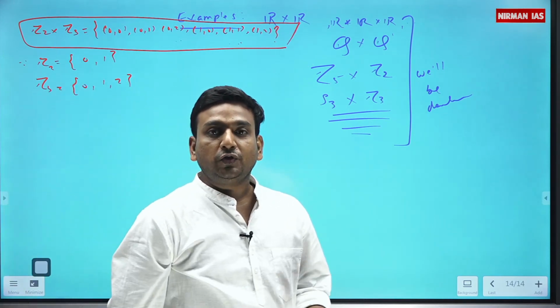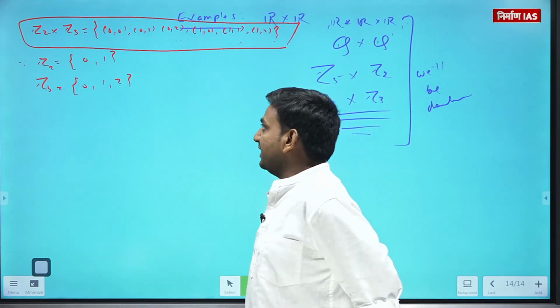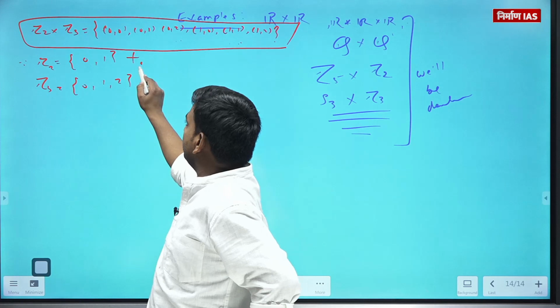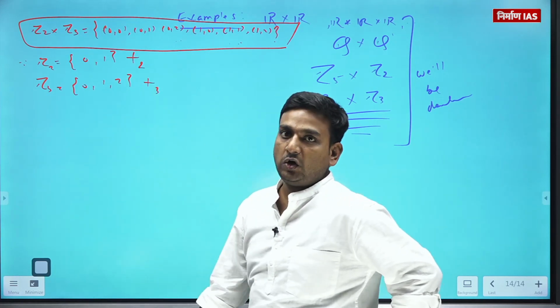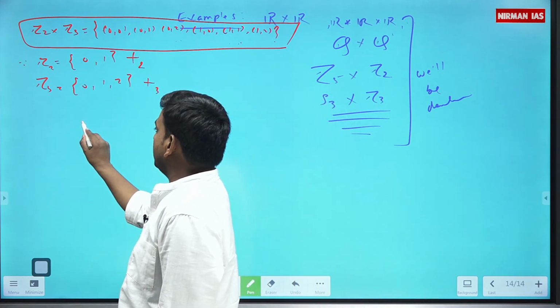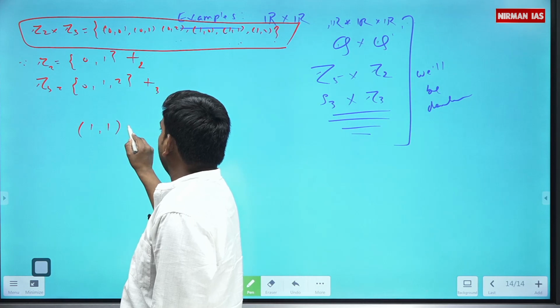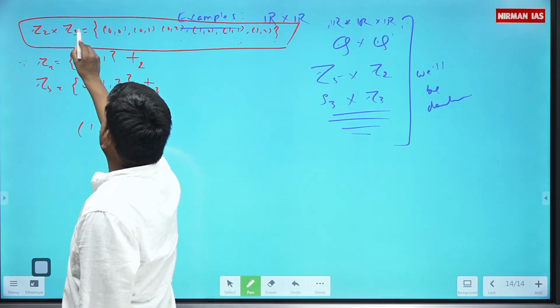Now I want to practice compositions. When I say Z2, it means addition modulo 2. When I say Z3, it means addition modulo 3. Now I want to know what is (1,1) composition (0,2), because I am defining composition like this.